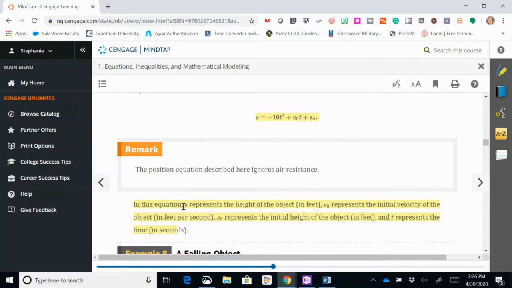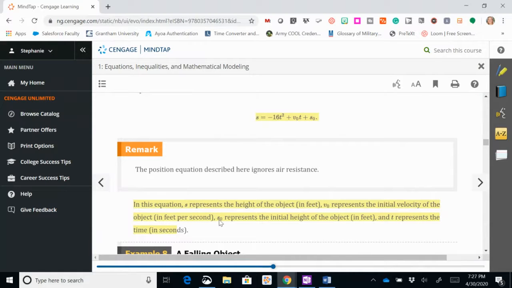In this equation, S represents the height of the object in feet. It uses S because this is an equation used in physics, and physics uses S to represent distance instead of H for height. So it's a physics equation, but we use algebra on it. V0, pronounced V naught, represents the initial velocity of the object in feet per second.